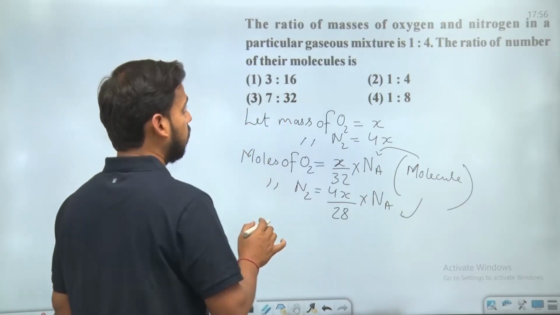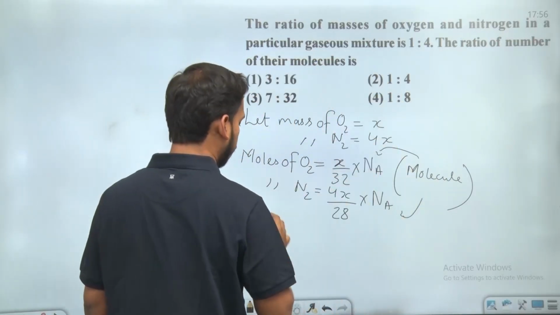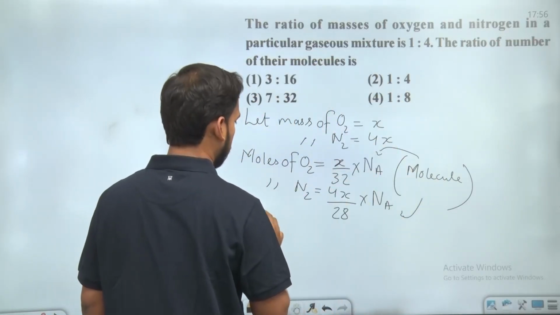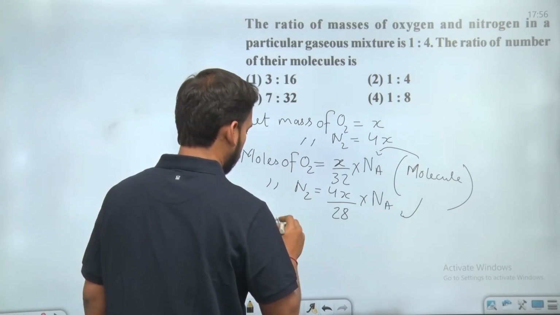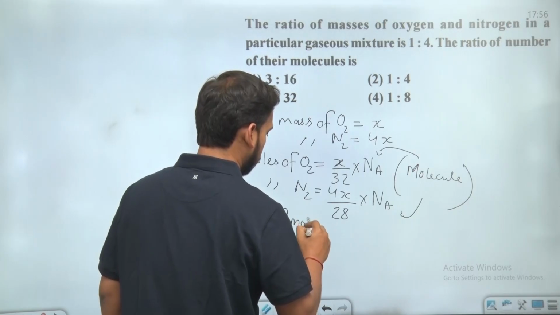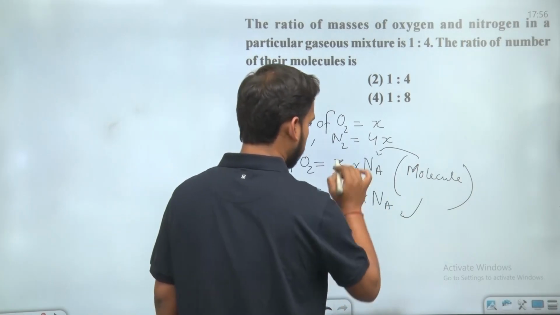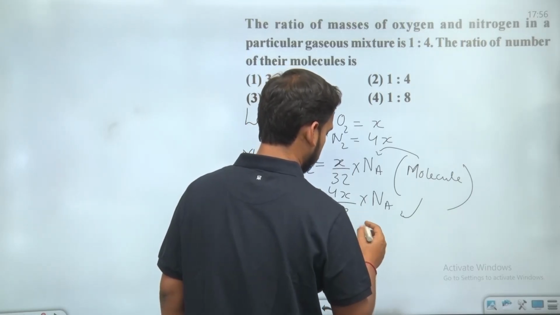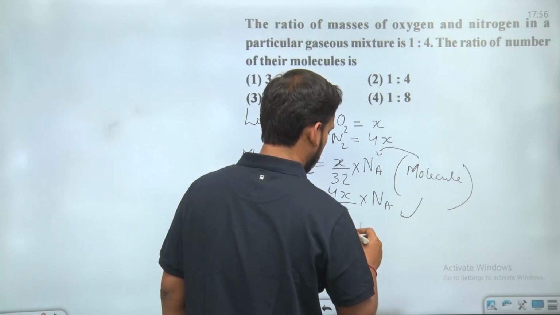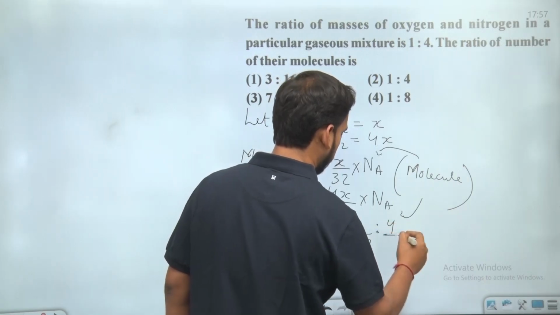Now the ratio of the number of their molecules will be 1/32 is to 4/28.